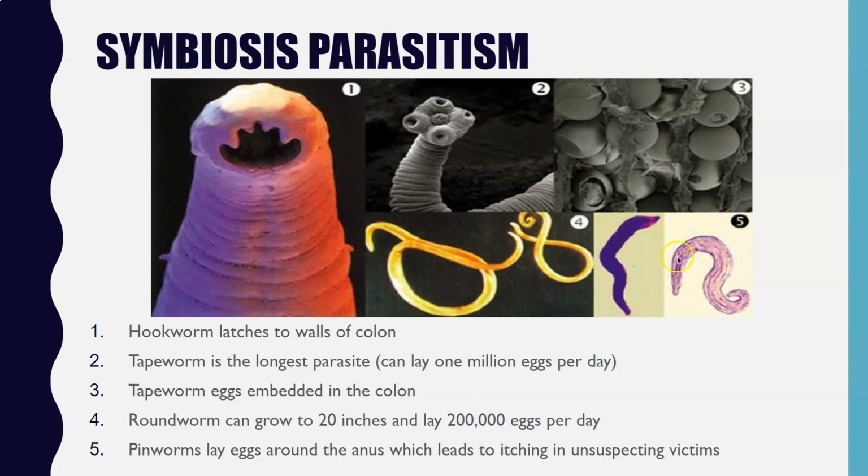And number 5, these are little pinworms, and it literally lays eggs around your anus. This affects animals, humans included, if you are in an area with these things.